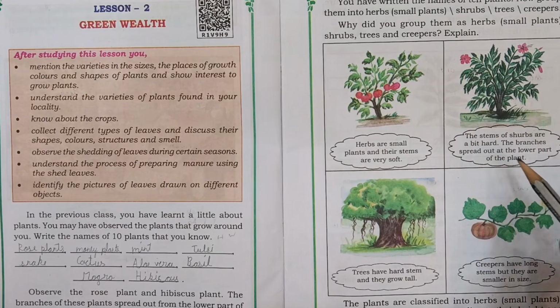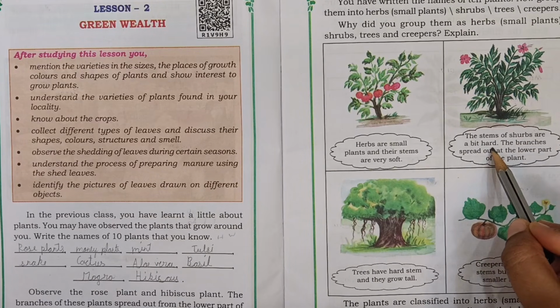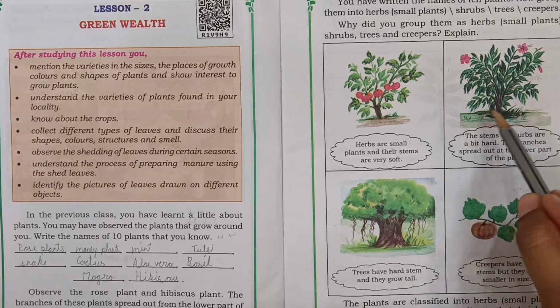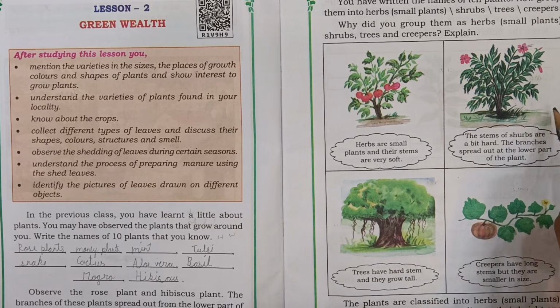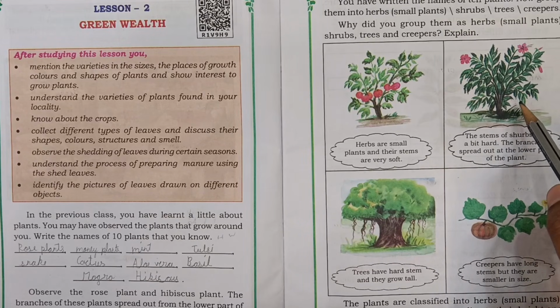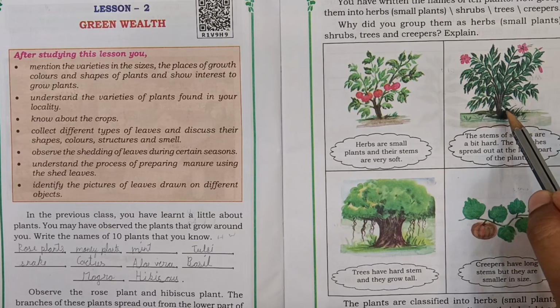Next one. The stems of shrubs are a bit hard. The branches spread out at the lower part of the plant. So as compared to herbs, the stems of shrubs will be a little bit harder and they spread their branches from the lower part of the plant.